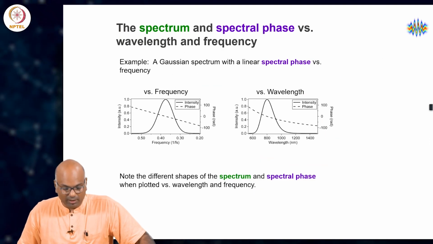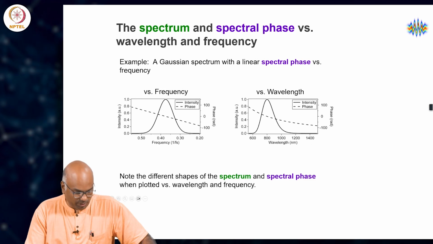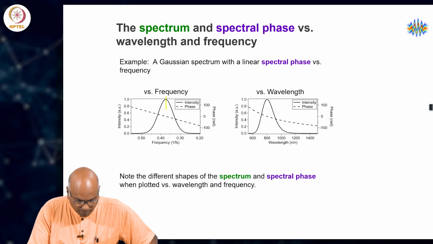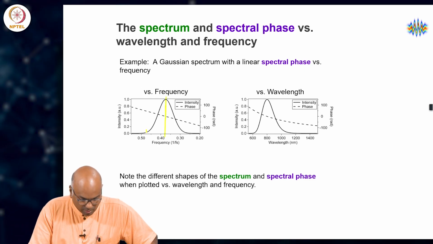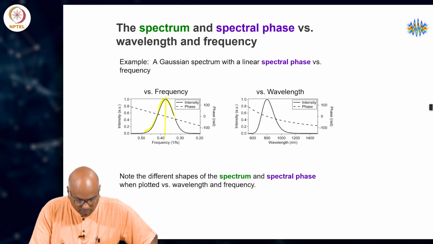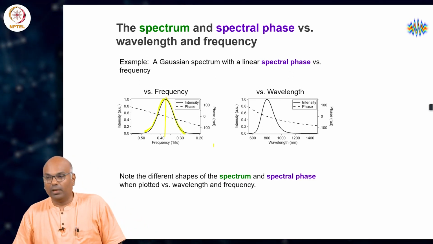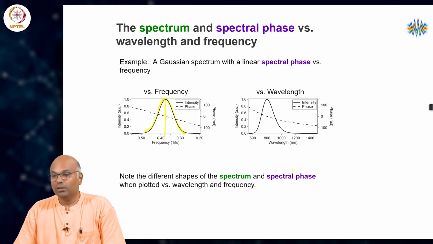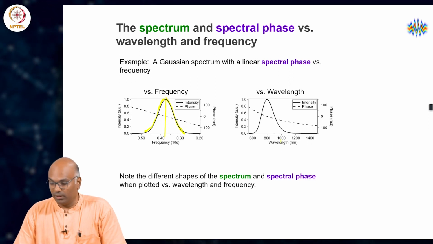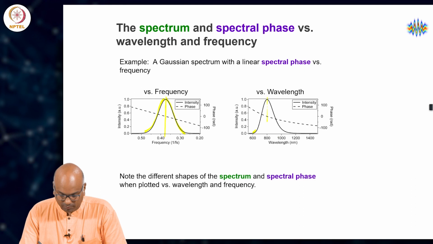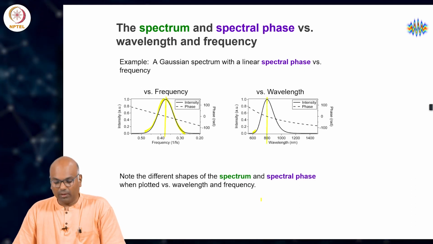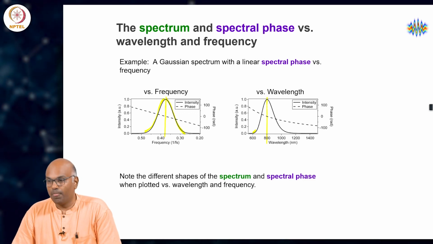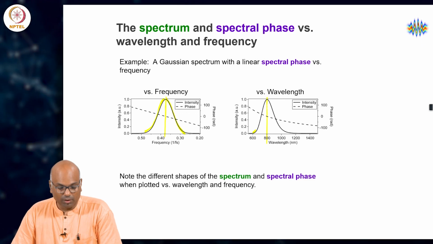It simply means that if you had a nice Gaussian in the frequency domain, by nice Gaussian I mean a very symmetric Gaussian about some central frequency, sort of a mirror image across this line, we have now multiplied this function with 1 over lambda square in the transformation and skewed it across a line that drops from the peak of this function down to 0. So, the Gaussian has gotten skewed, that is it.